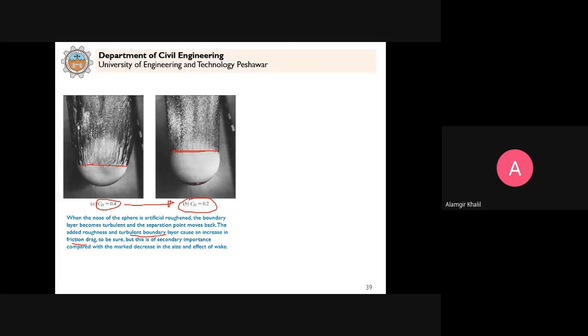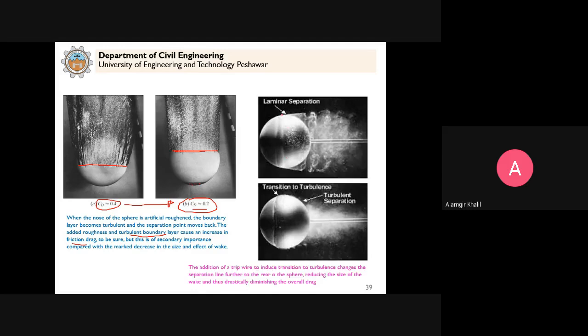And this is the reason why the golf ball is made rough. You can see the golf ball, it is dimpled. It is not smooth. Because that dimpled golf ball will travel faster as compared to a smooth ball. This is the reason why the surface of the golf ball is made rough. You can see here again, in this case, we have added a trip.